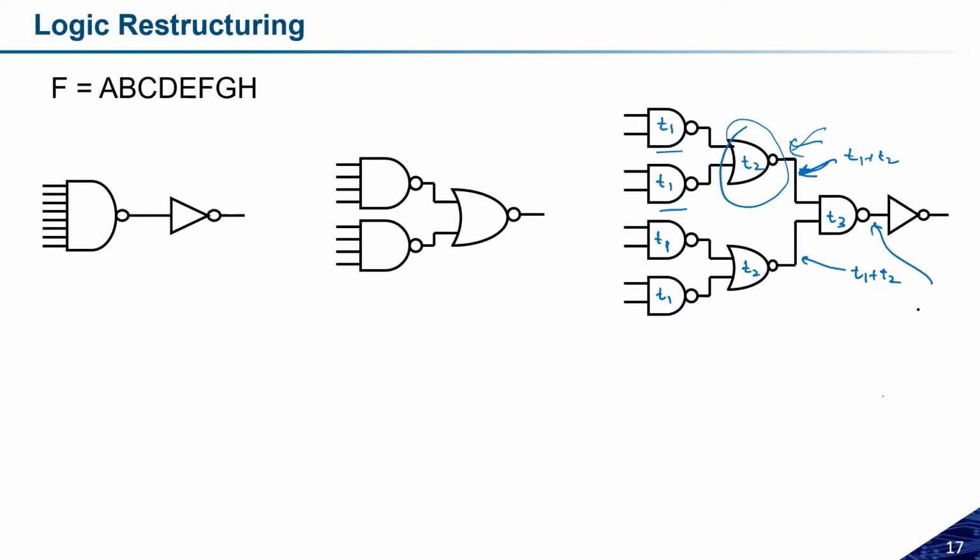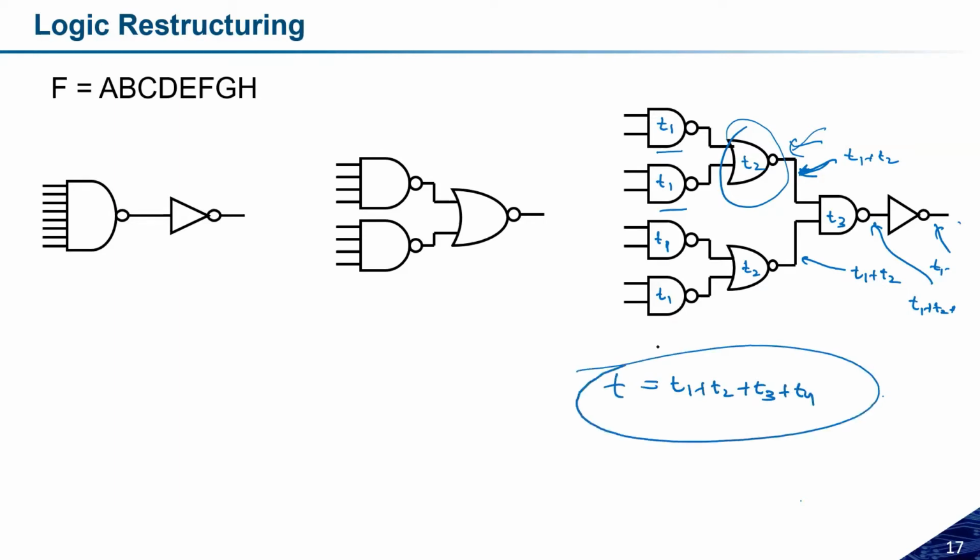This output depends on T1 plus T2 plus T3, and similarly this depends on T1, T2, T3 and T4. So the total output will be received at T1 plus T2 plus T3 plus T4. This is the total time this circuit will take to get the output.